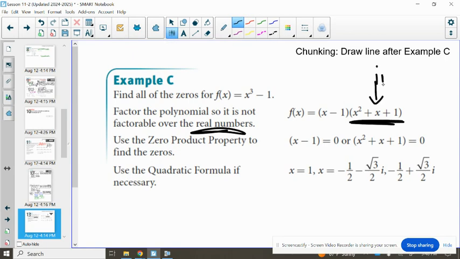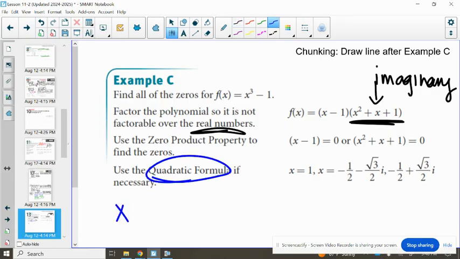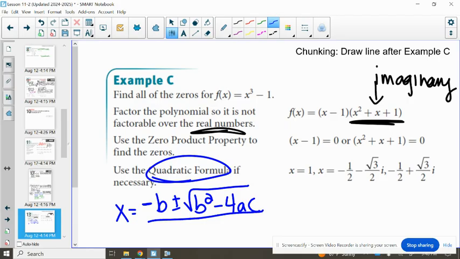This is going to give us our imaginary solutions when we have a sum or difference of 2 cubes. And in this case, we end up using our PAL, the quadratic formula, in order to solve the missing pieces on that, either from a non-factorable piece or, again, like the sum and difference of cubes, this piece will help us find those values.